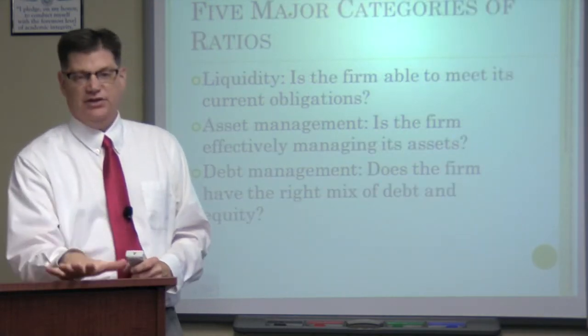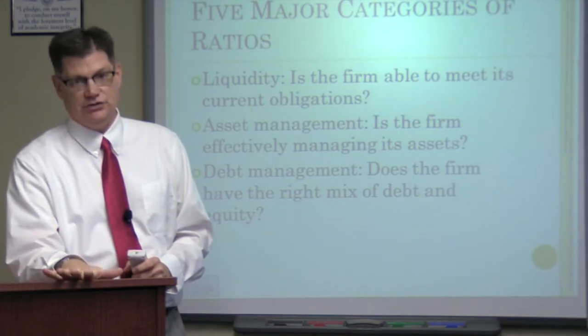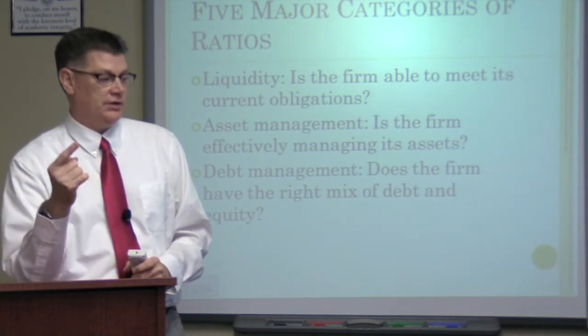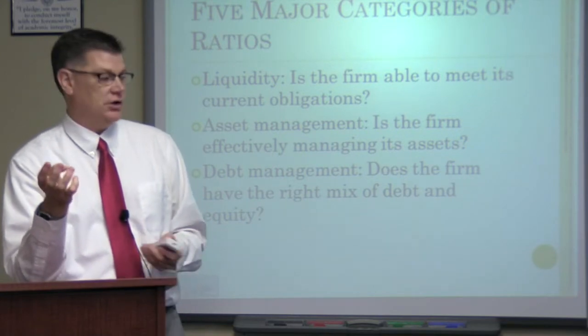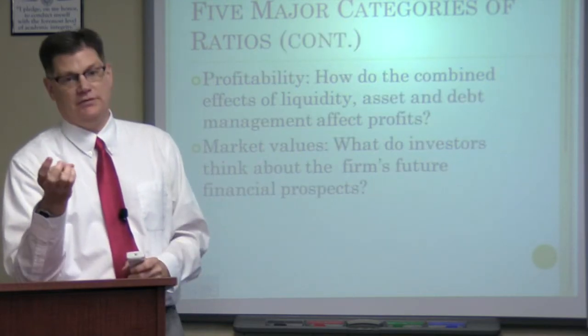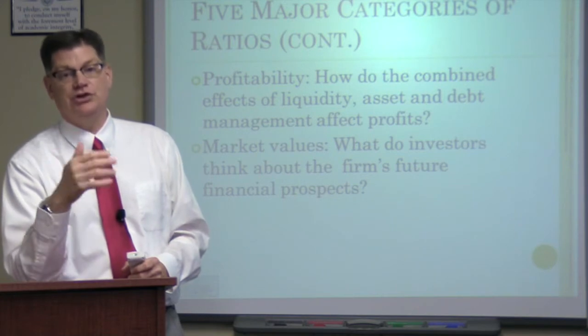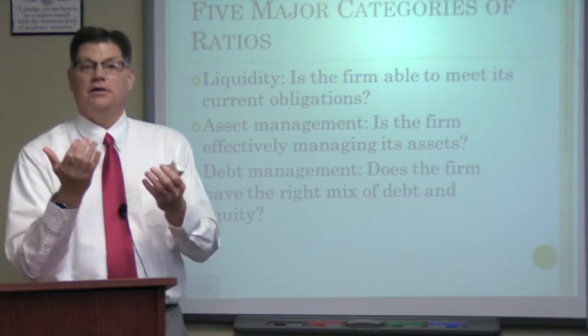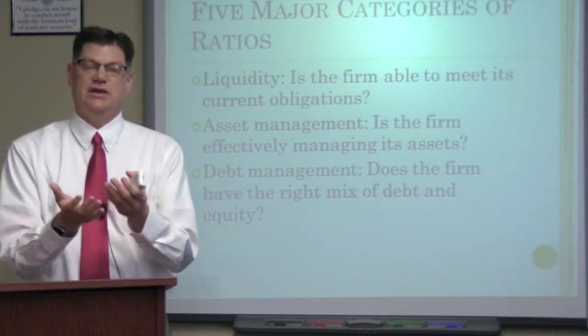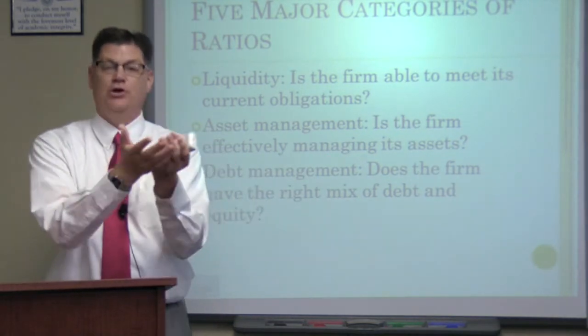The different types of ratios we are going to use are liquidity, asset management, and debt management. There's also profitability and market values, all of which are used to do different things. For example, liquidity means the ability to pay your bills.